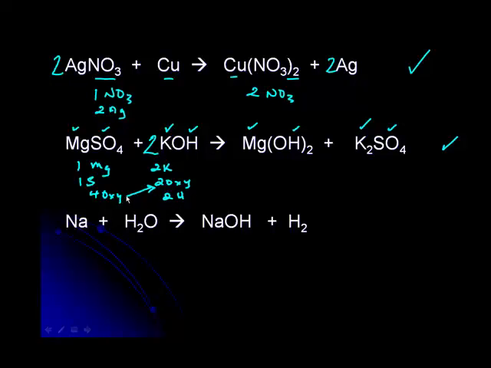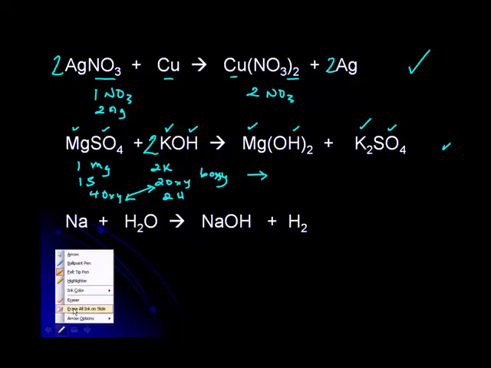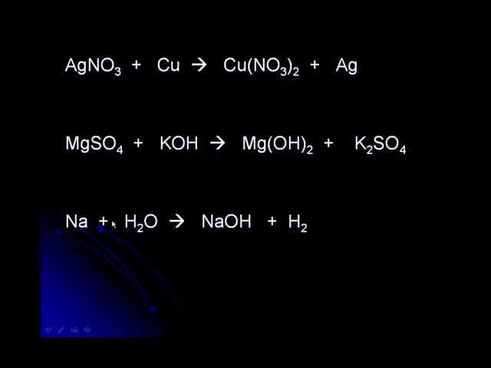So that means I have a total of 6 oxygens on the left hand side of the arrow, and I still should have 6 on the right hand side of the arrow. But when you're doing polyatomic ions, it's a lot easier to leave them complete and whole as much as possible. Okay, so let's look at the next one.